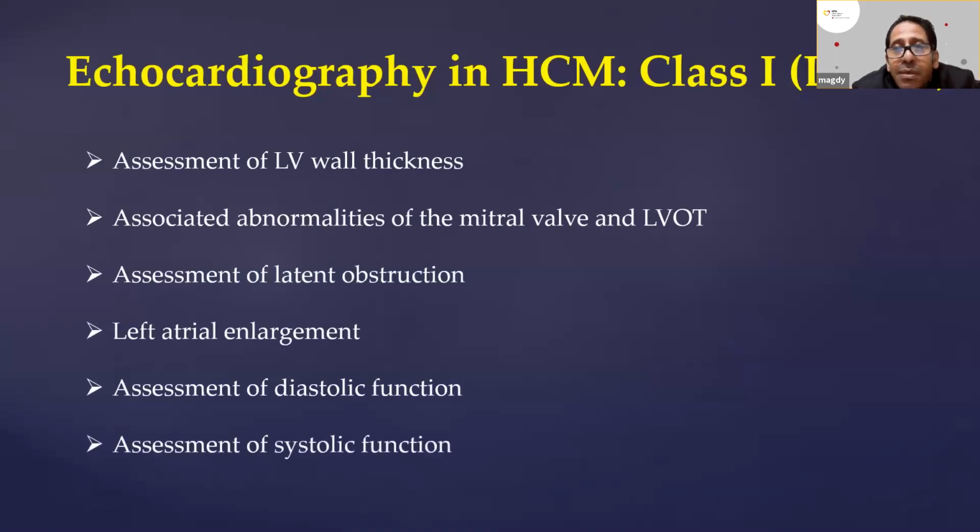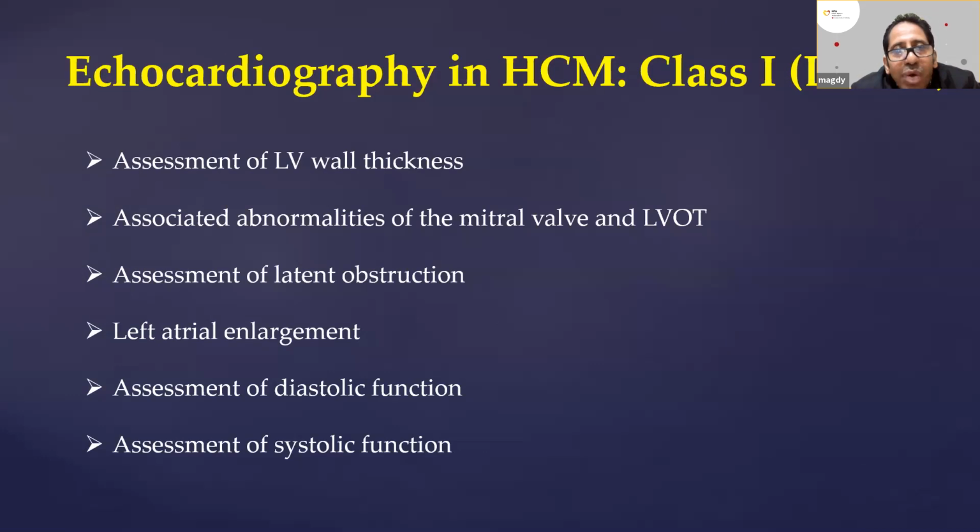Echocardiography is mandatory, one of the most important imaging modalities, class 1 level of evidence P. And in echo, we will assess the LV wall thickness, associated abnormalities of the mitral valve, which is present in more than 50% of cases of hypertrophic cardiomyopathy. We can see elongated leaflets, elongated chordae, anterior displacement of papillary muscle, mitral valve prolapse, characteristic systolic anterior motion, which leads to obstruction.